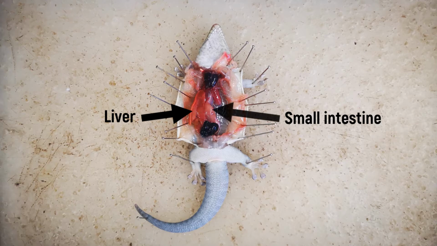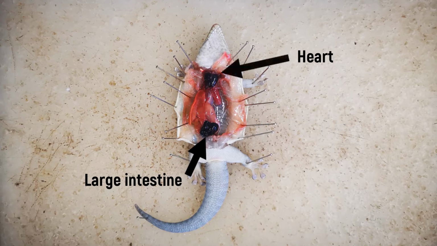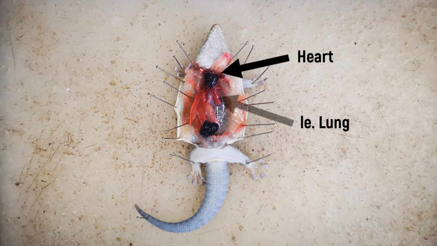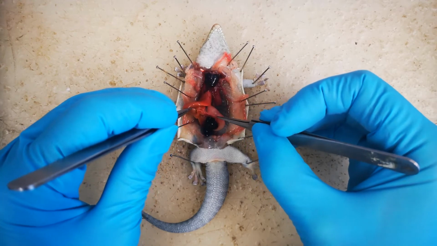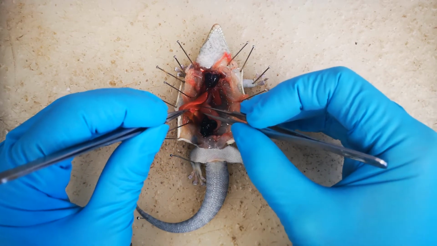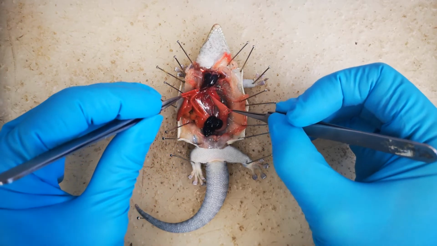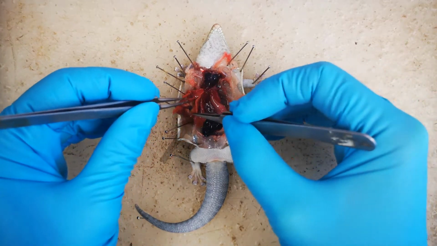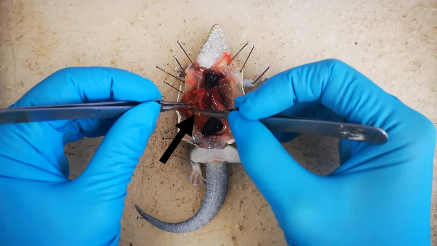Dorsal to it runs the stomach, followed by the small intestine and large intestine. The heart is small and anterior. The lungs of this specimen are small and collapsed. The gallbladder can be seen as a small greenish extension on the ventral surface of the liver.